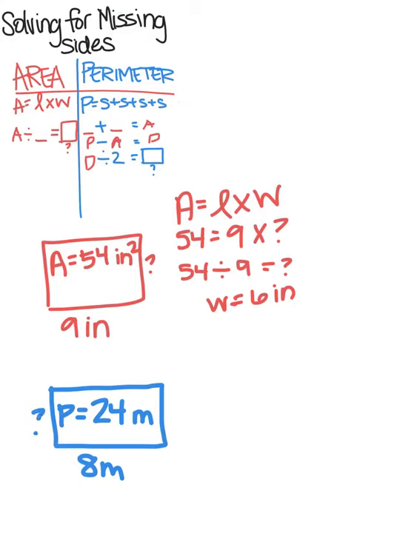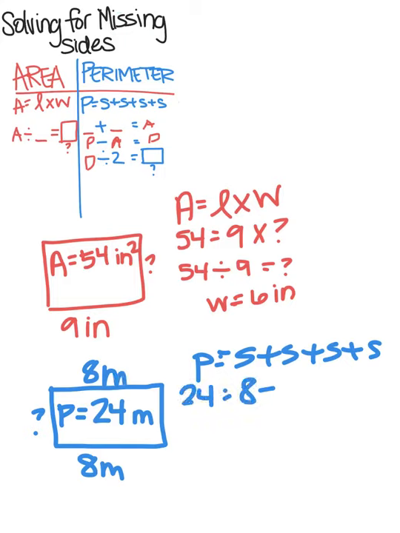I don't know what my width is. So if P equals side plus side plus side plus side, I'm going to put in what I already know. So I already know that 2 sides are 8 meters. And I know my perimeter is 24. I don't know the other sides yet.